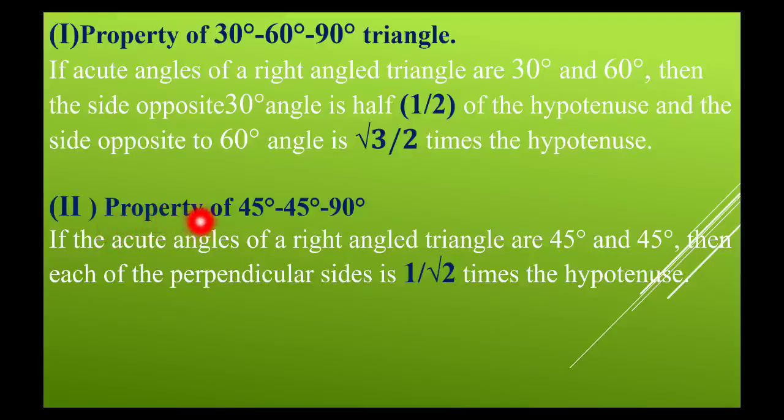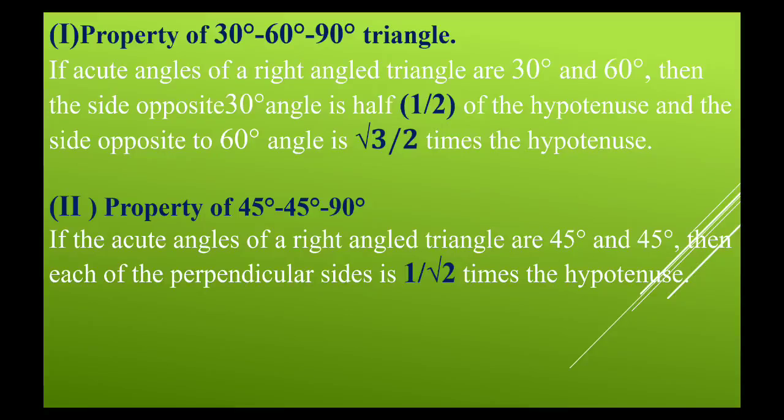Another property, of 45, 45, 90. If the acute angles of a right angle triangle are 45 and 45, then each of the perpendicular sides is 1 upon root 2 times the hypotenuse. In simple terms, in a 30, 60, 90 triangle, the side opposite to 30 degree is half times the hypotenuse.